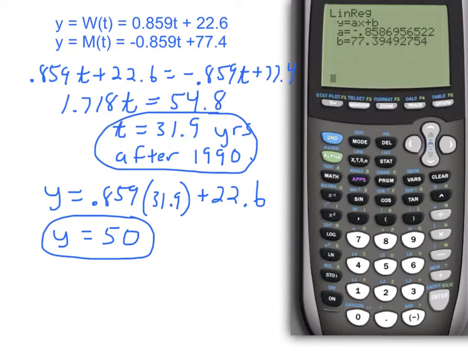Now I don't know if you realize it, but what we just used to solve the system was the substitution method, because this is our system of equations up here, and there are two variables, t and y, and notice both of the equations are solved for y, meaning y is by itself on one side of the equation.